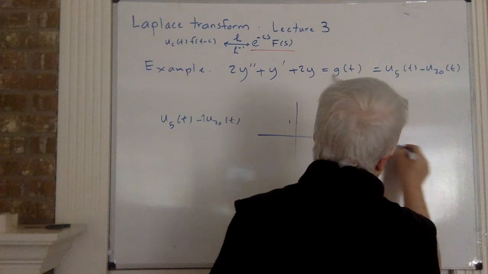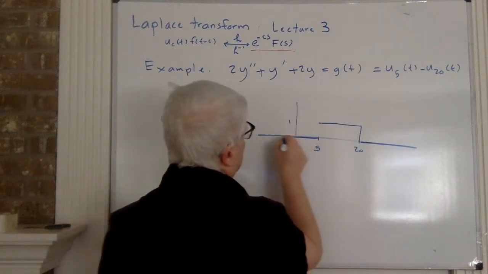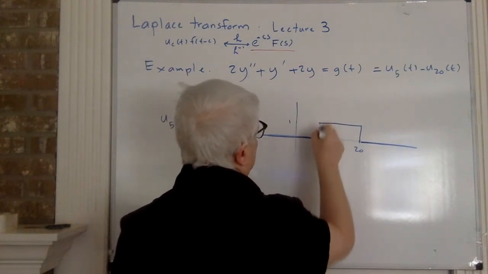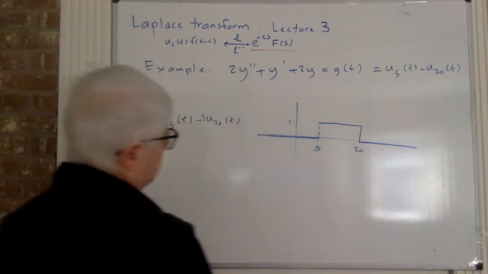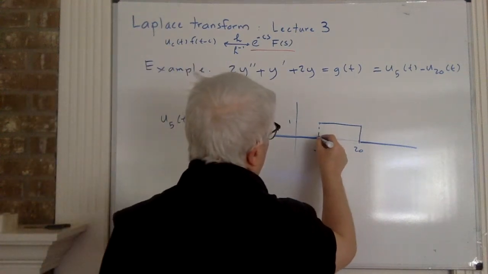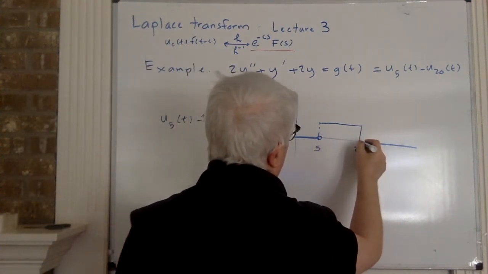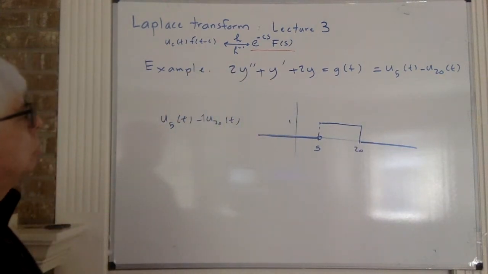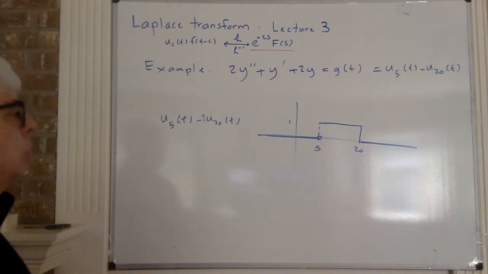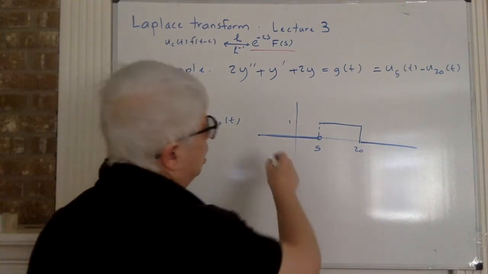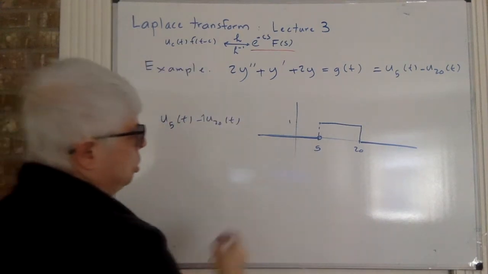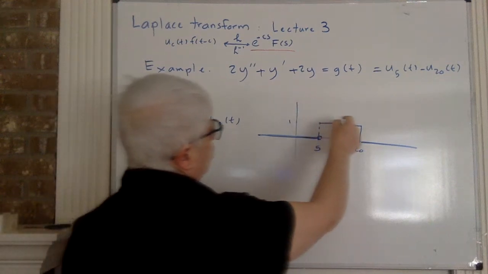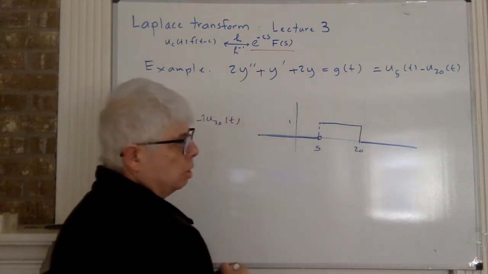So you have 0 here, and 0 here, and it's 1 here, right? The endpoint is not important because we're integrating. So anyway, it looks like this. It's like a switch. It opens here, 1, 1, 1, 1, then suddenly dies.